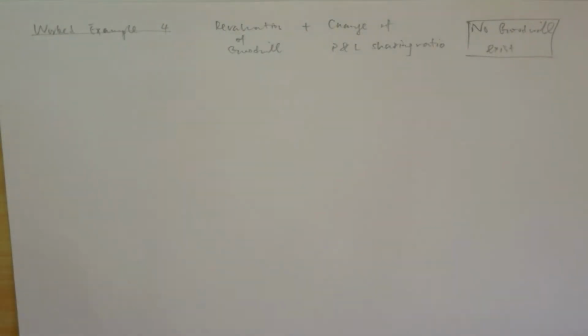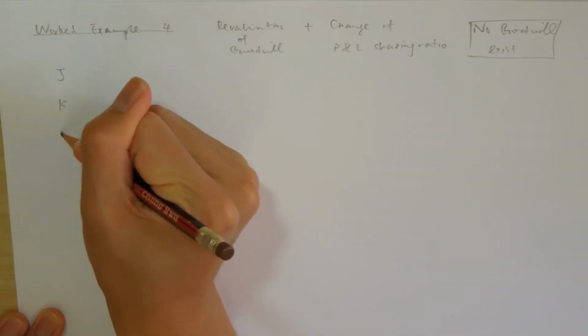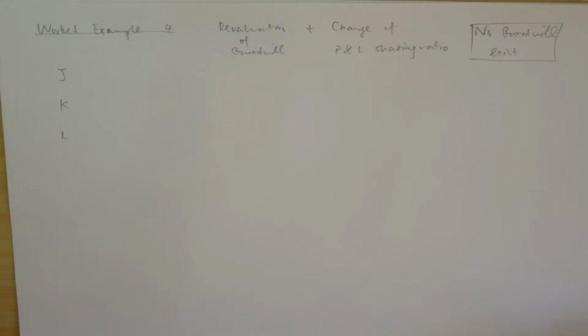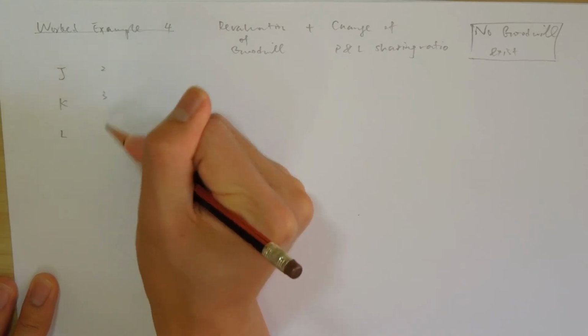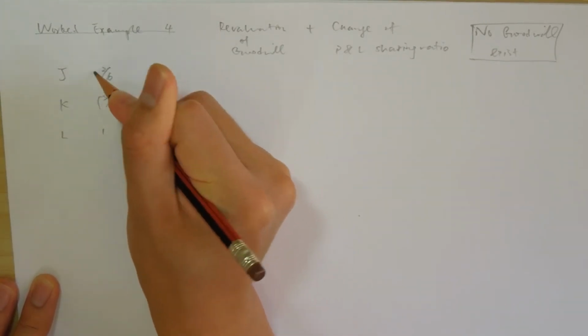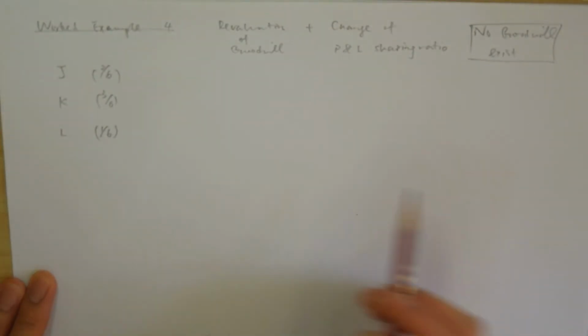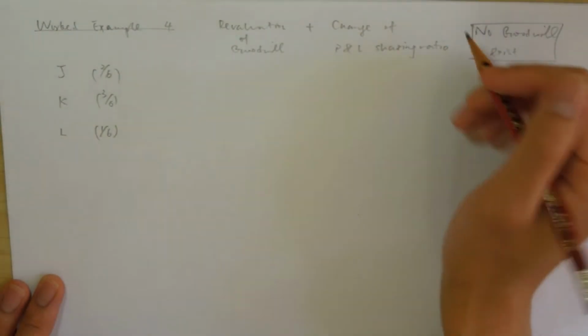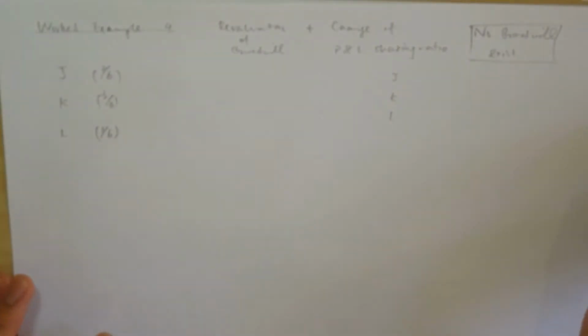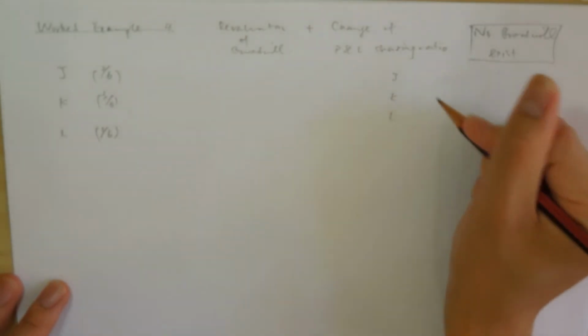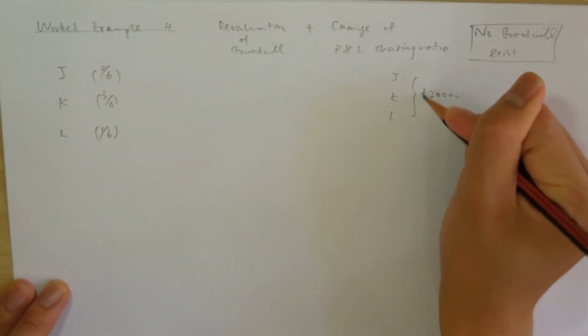Okay, we take a look at the question first. We have 3 partners, J, K, L. They share profit and loss 2:3:1, and the capital balance is 20,000 each.